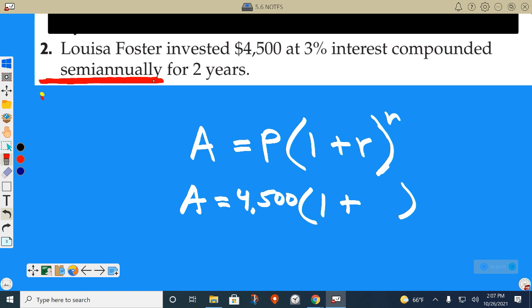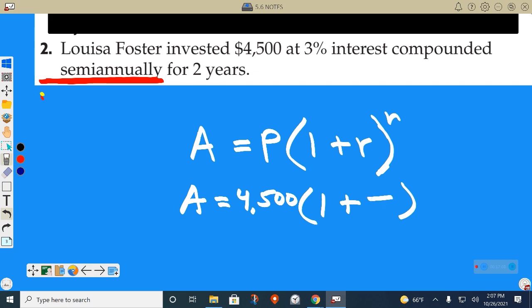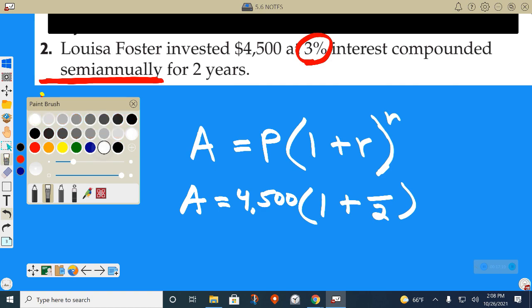How many times a year? 6. Good, that's every 6 months. So how many times per year? 2. Twice. So I know the denominator then is going to be 2. The percent's the numerator, but as a pure decimal. Someone besides Campos, please turn that into pure decimal for me. 0.03. You're awesome.